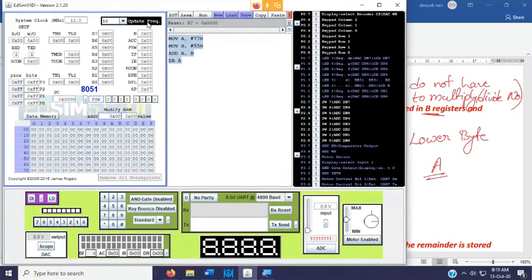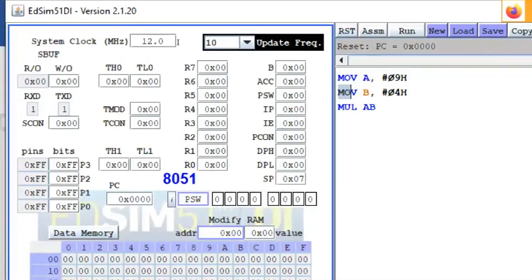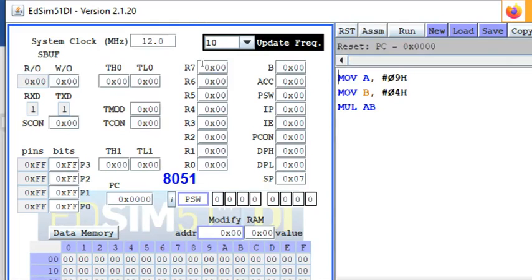Let us try a simple program. So we have in A 09, in B we have 04, and after multiplication the accumulator got some number and B got some number. So wait a second, reset, go and put an end.